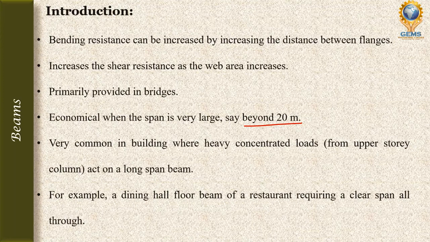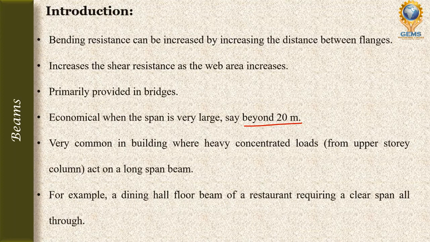These plate girders are also very common in buildings where heavy concentrated loads from upper story columns act on a long span. So if you have a beam of a very long span and a heavy concentrated load is applied on that beam, we will use the plate girders.